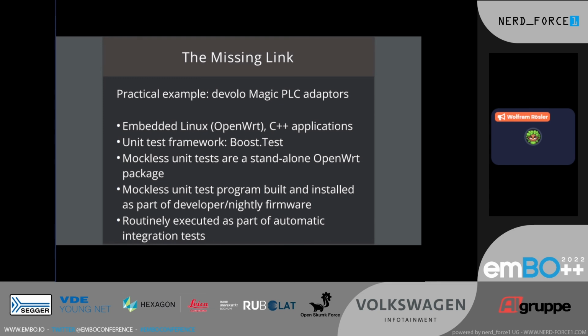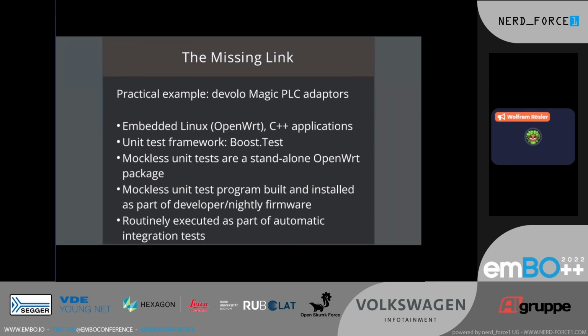In the production firmware, they are not contained, of course, but we do that on the developer firmware, and it's tested automatically as part of regular daily integration tests. We cannot run it as part of the CI pipelines for various reasons, but we do it automatically anyway as part of integration tests, and this is how we are doing it for those PLC adapters.